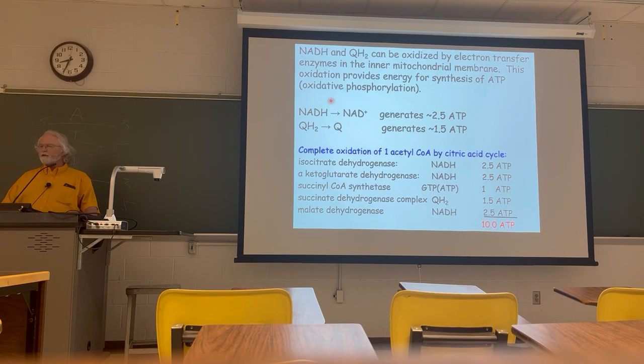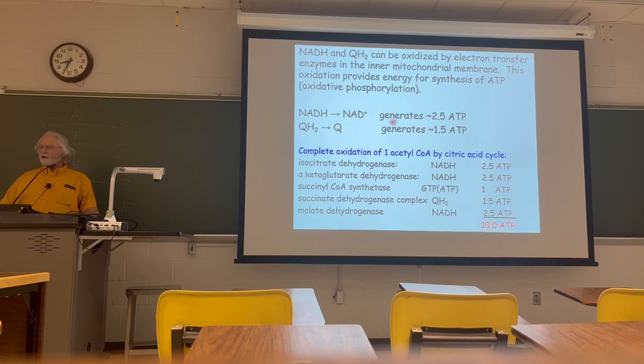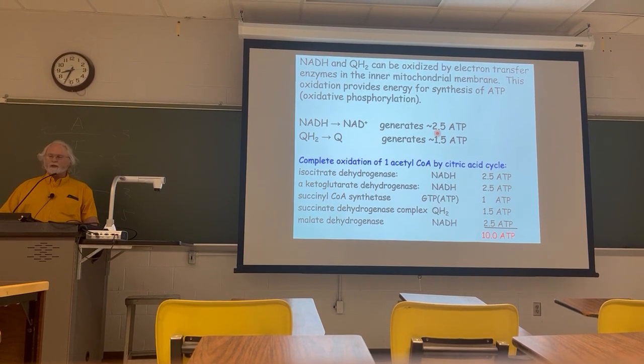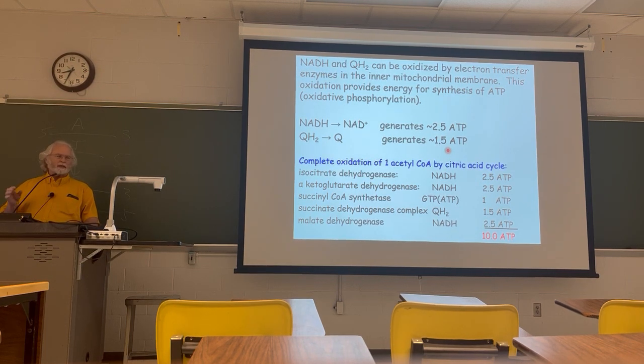So oxidation of NADH and QH2 provides energy. The oxidation of 1 NADH provides about enough energy for synthesis of 2.5 molecules of ATP. And the oxidation of 1 ubiquinol, the ubiquinone, generates enough energy for making about 1.5 ATP molecules.